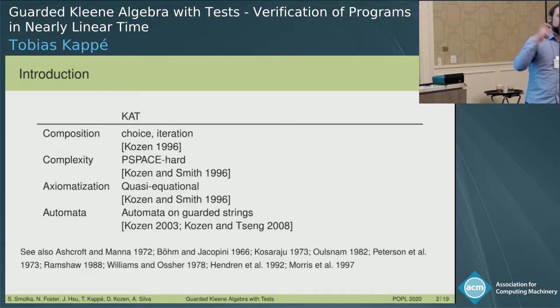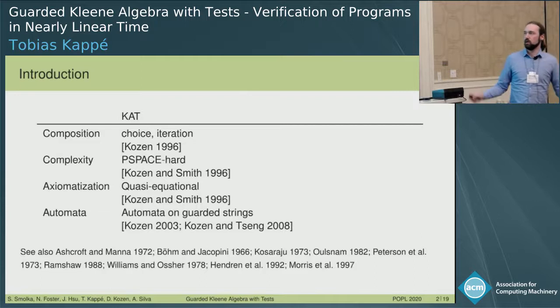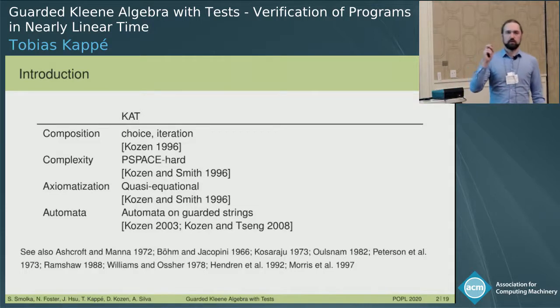It turns out that deciding equivalence of programs that are built like this is PSPACE-hard. There is a quasi-equational axiomatization of equivalence, and the automata model that corresponds to it is called automata on guarded strings. And Dexter and a number of collaborators worked this out over the years before.